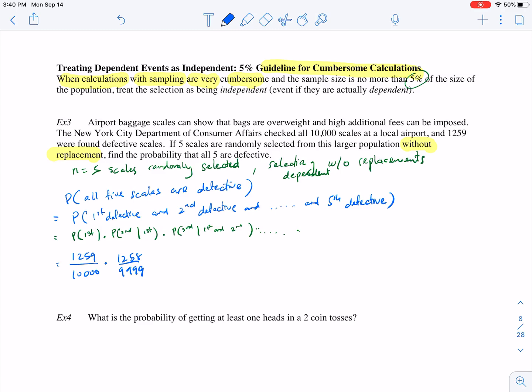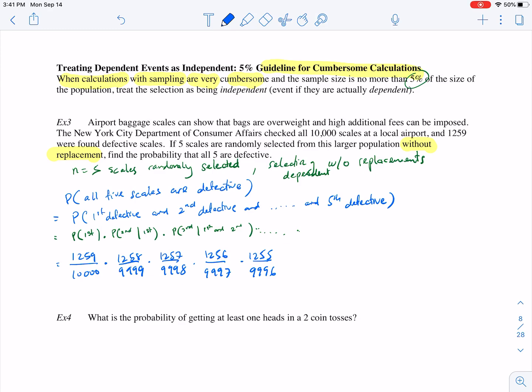We don't put it back into the population. So both numerator and denominator decrease by 1. So 1257 over 9998, 1256 over 9997, 1255 over 9996, right? So imagine typing all these numbers here.